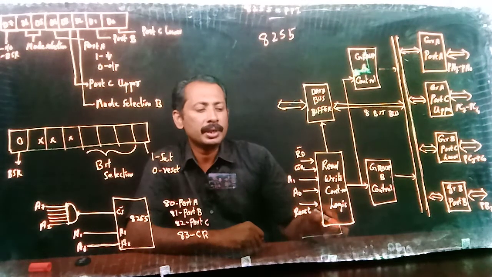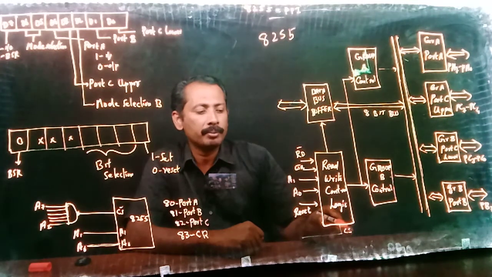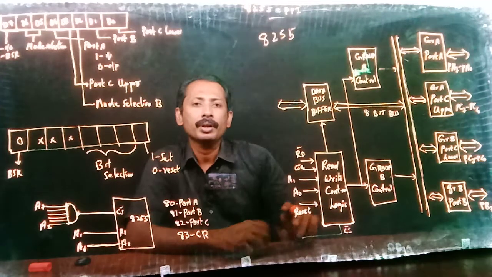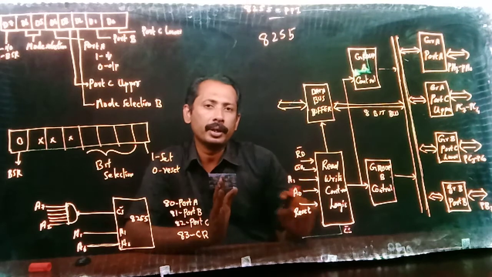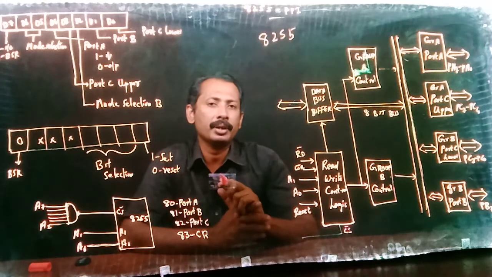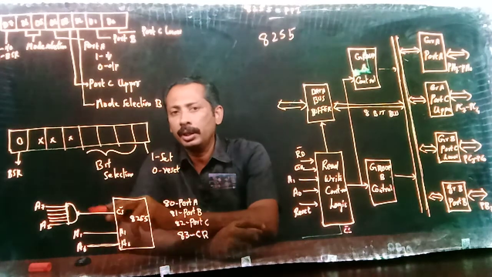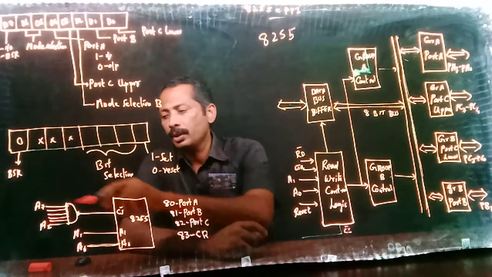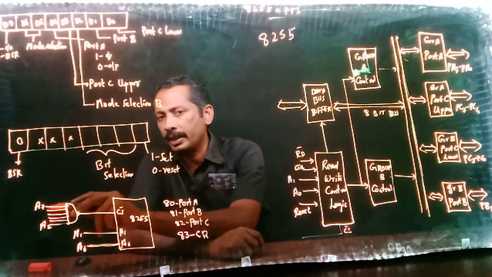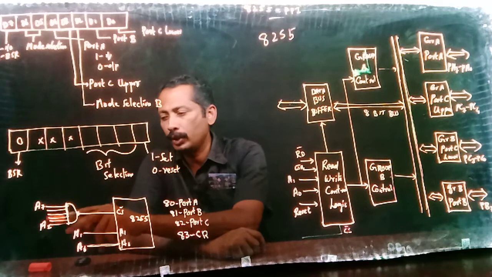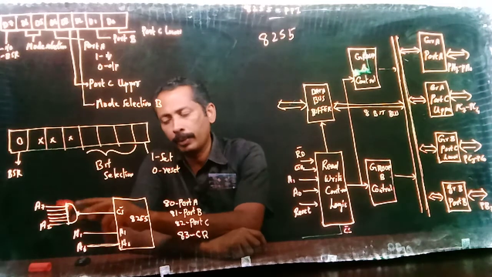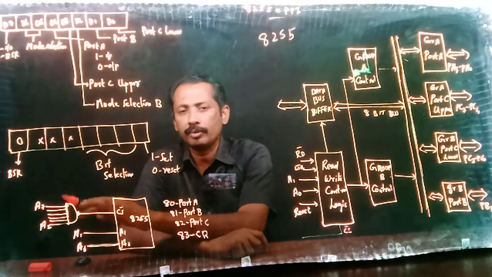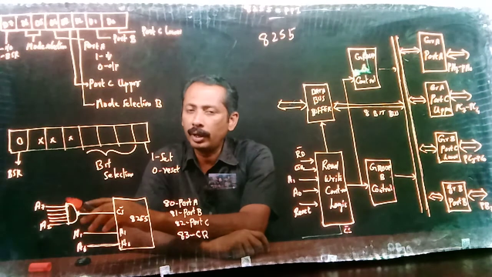So when chip selection becomes active, this chip becomes active. In the last video I told how the chip select can be enabled by using this type of logic. These are the address lines from the microprocessor, A7 to A2, and these are given to a decoding logic. By using NOT gates and their combinations we can have any address.